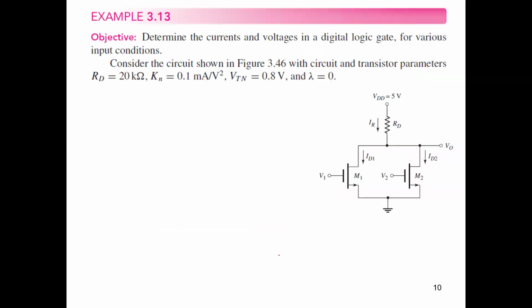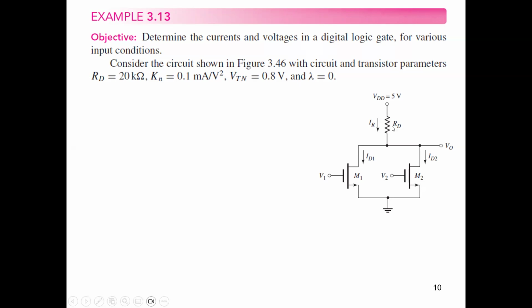Here we have an example. In this example, we need to determine the current and voltage in a digital logic gate for various input conditions. What are the different conditions we have? Consider the circuit shown in the figure, guys.